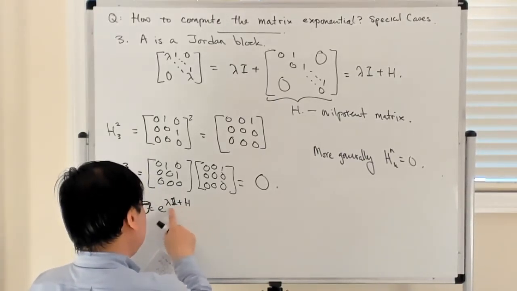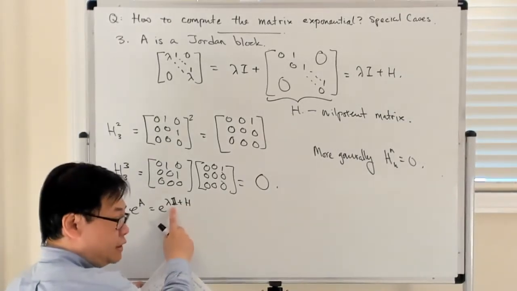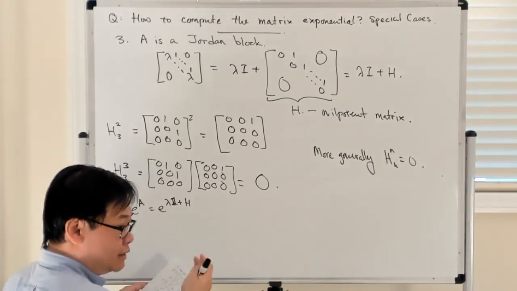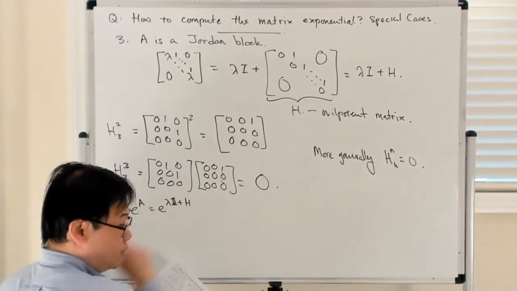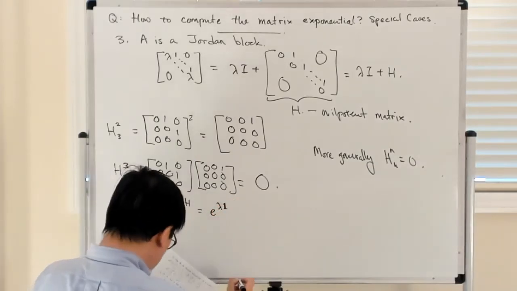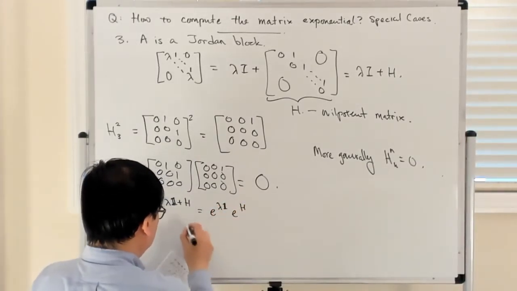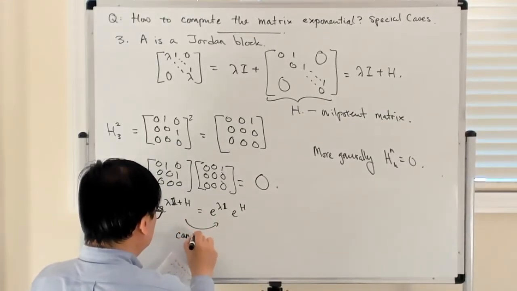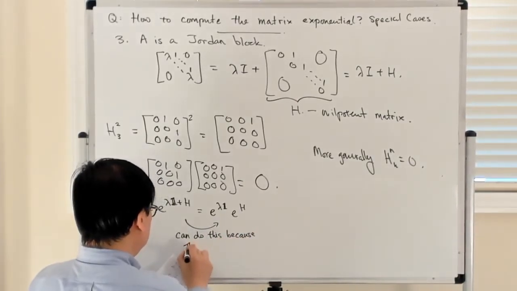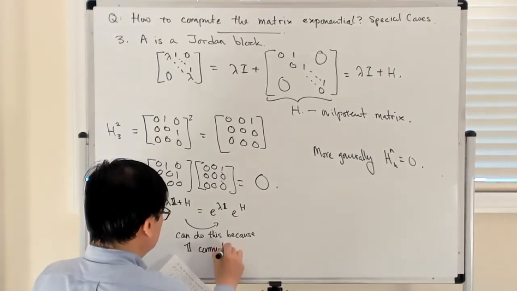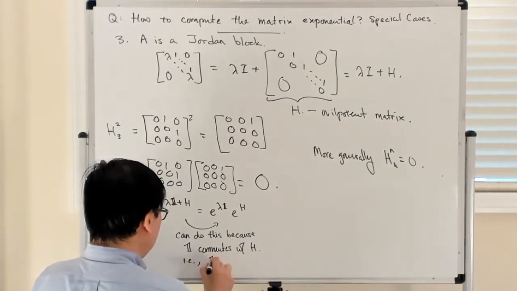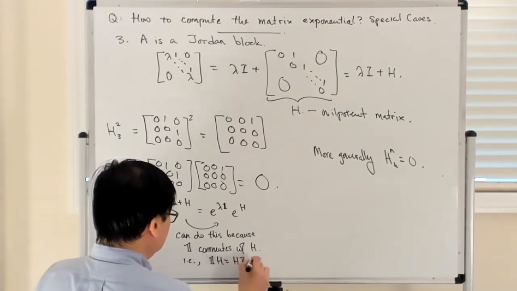Okay, and these two matrices do commute with each other because the first matrix is just a scalar multiple of the identity. So the identity times A is equal to A times the identity. So these two matrices commute. As a consequence of that, I can write this as e to the lambda identity times e to the H. I can do this because the identity commutes with H, which is to say that IH is equal to HI, which equals just H, right?